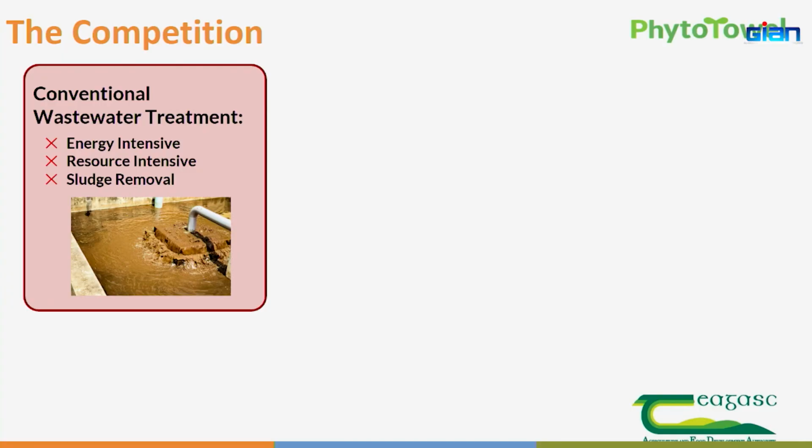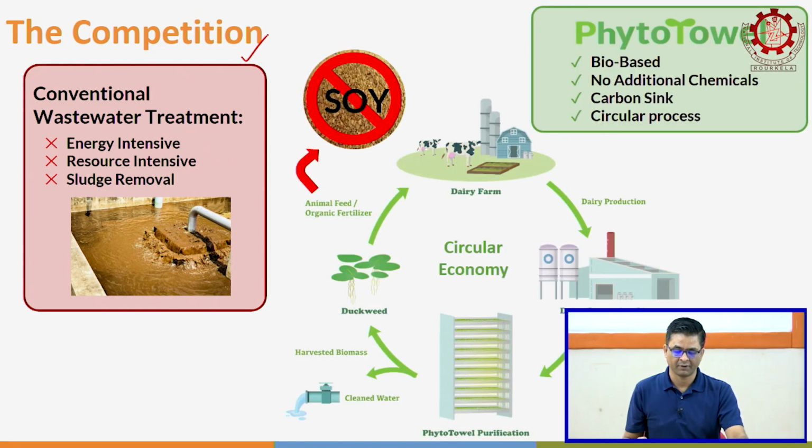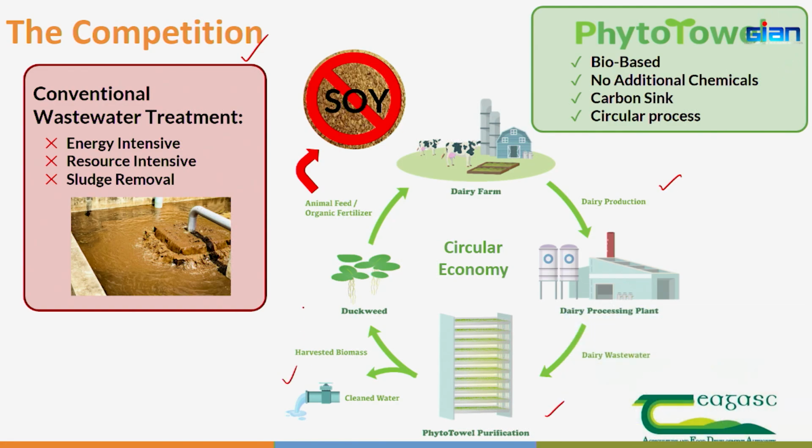Yeah. Now coming back to this, so this was a simple design. This is a repeat of the slide. That means either you go for conventional or go for a simple circular system. Yeah.